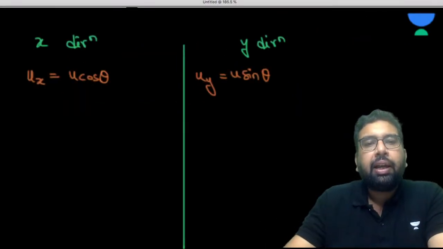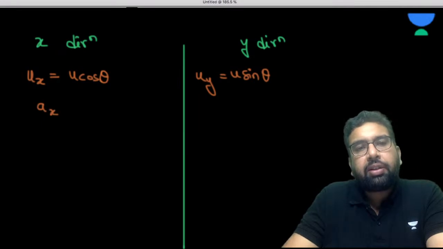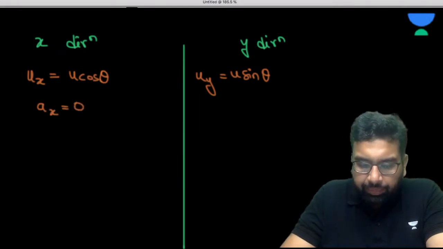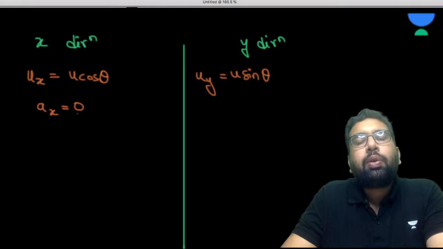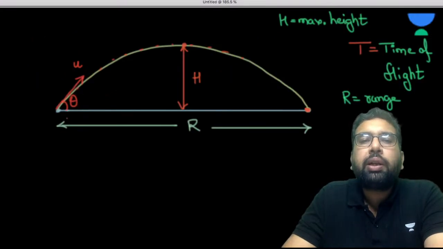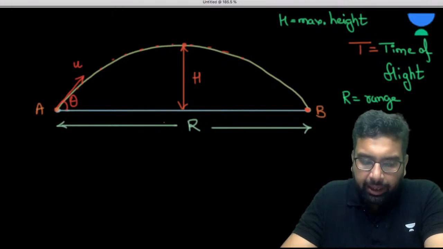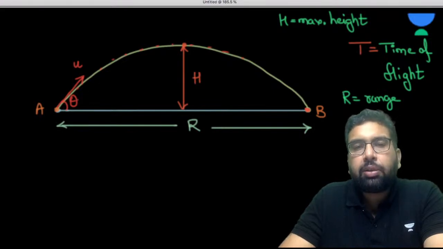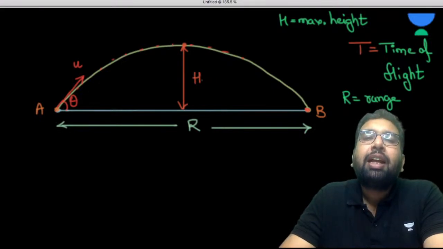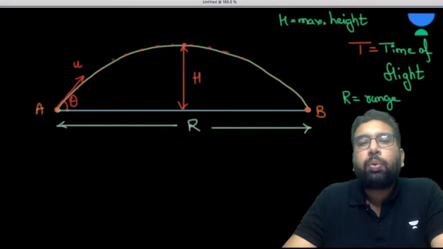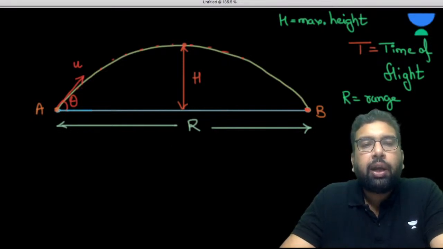So if I say the acceleration in the x direction is 0, would you agree? Acceleration in the x direction being 0 means that the velocity in the x direction is not going to change throughout this motion, let's suppose from A to B. Since there is no acceleration in the x direction, the x component of this velocity u is not going to change throughout the motion.